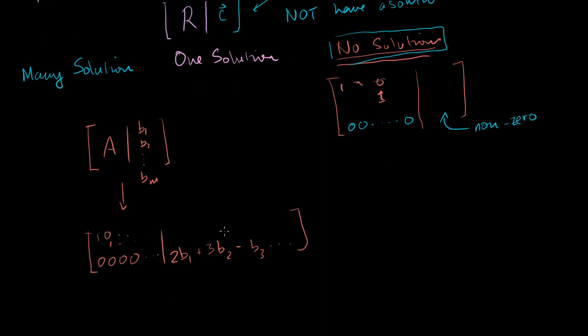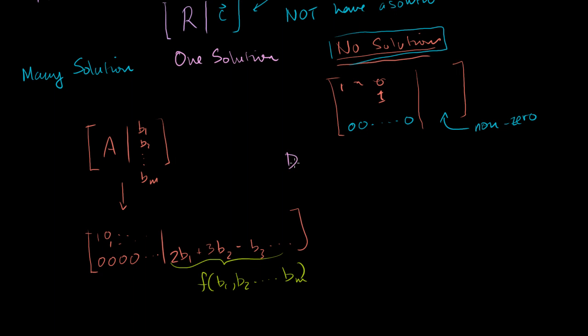So this will be some function of B1, B2, all the way to Bm. Now, clearly if this is non-zero, we don't have a solution. And if we don't have a solution for some cases of b, then we are definitely not spanning Rm. So let me write that down.